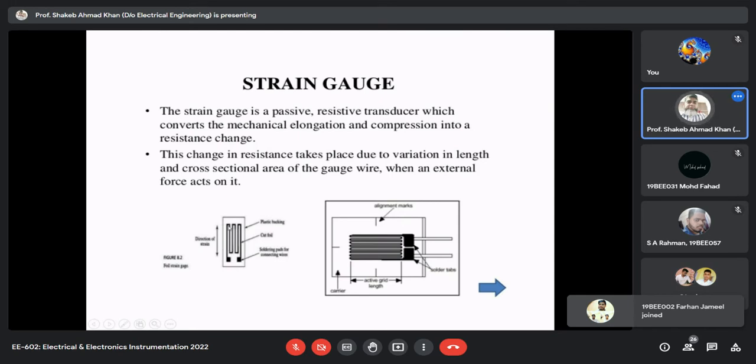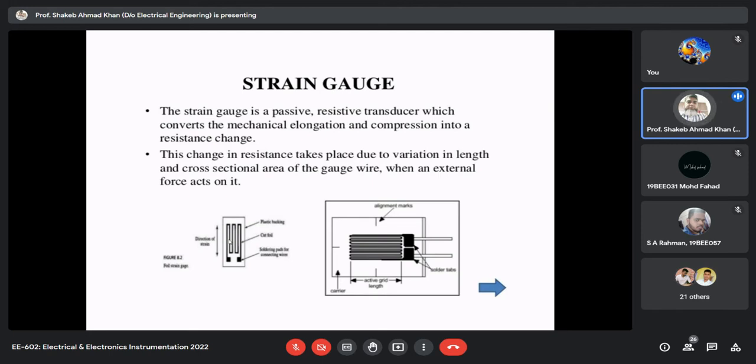You see, this is a very thin wire, and it is so thin that it is basically sandwiched in a piece of paper. Between two papers it is sandwiched, and it looks like a paper.